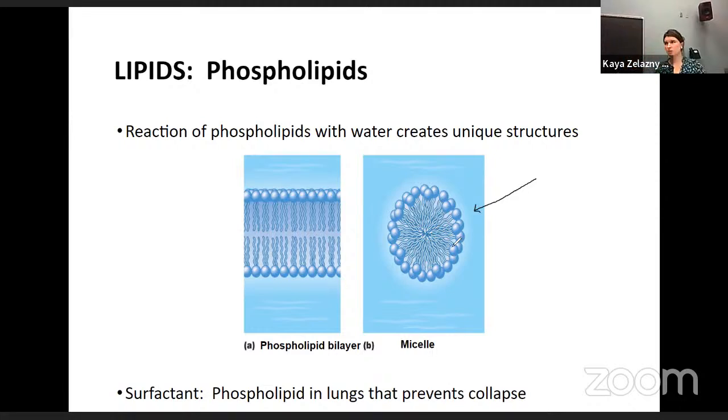This isn't that helpful for cells because there's no room in the middle. All those hydrophobic, nonpolar tails are just touching each other in the center. The structure we really care about is the phospholipid bilayer, here in figure A.